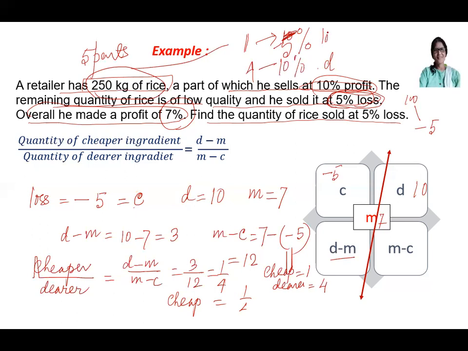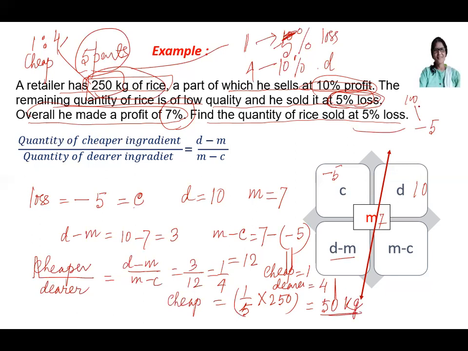This is for loss, this is for gain. So cheaper will be 1 by total 5 into 250, so 1/5 into 250 will be 50 kg. 50 kg will be sold at 5% loss, and the rest will be sold at profit, so that you get 7% profit in total.